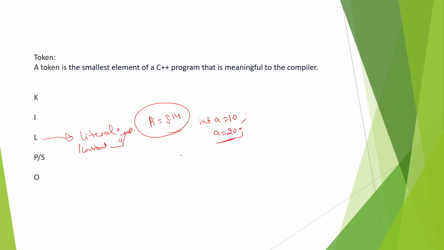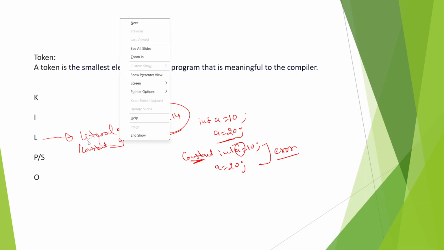But if you write const int a = 10 and try to change the value of a, then there is an error. The compiler shows an error because you wrote const, so you cannot change the value of a. Understand the concept of literal and constant. Okay, so let's move on to the next.